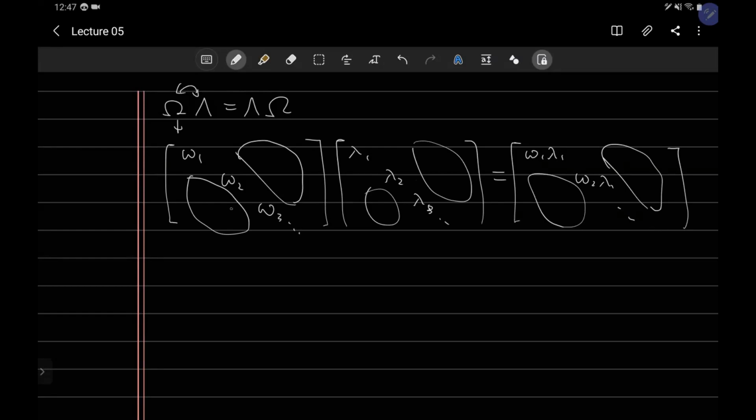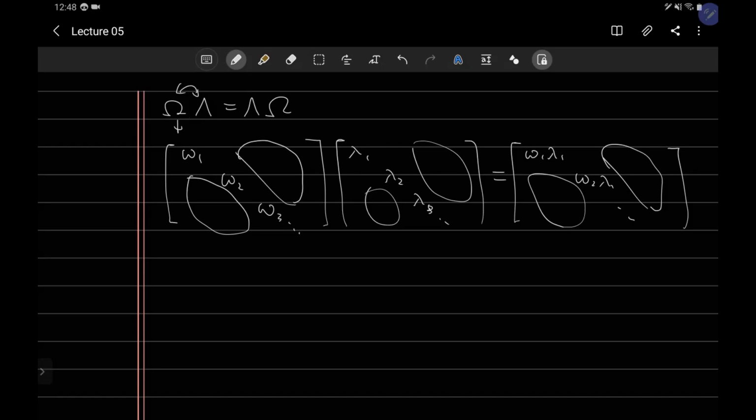So this is quite obvious: if two linear operators are represented as diagonal matrices, then those two linear operators will commute with each other.